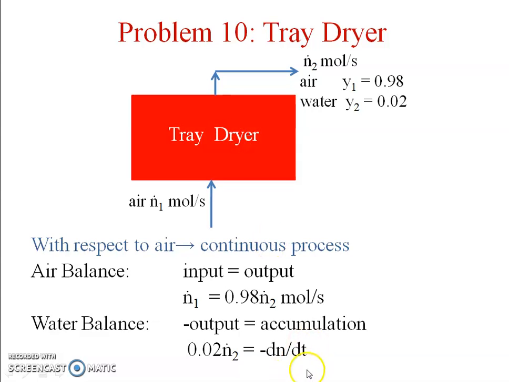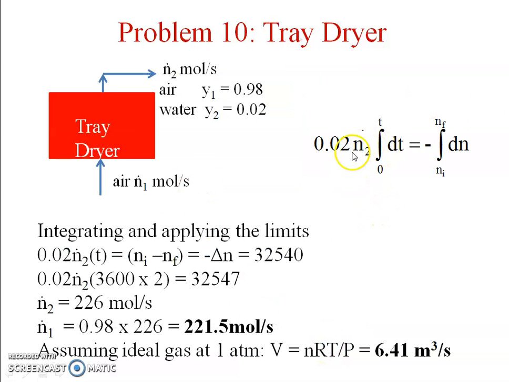So minus dN by dt gives me the rate of change of water within the dryer. I am just separating the variables and integrating, saying that initially I have Ni moles of water, finally I have Nf moles of water in the solid. Okay, so I'm just integrating it.